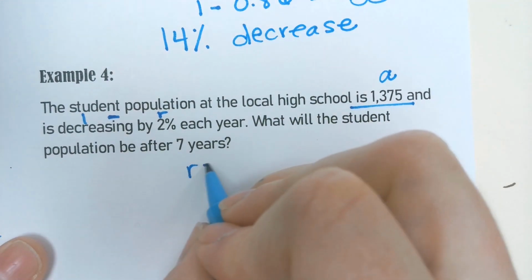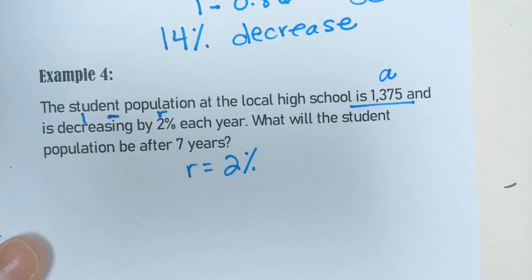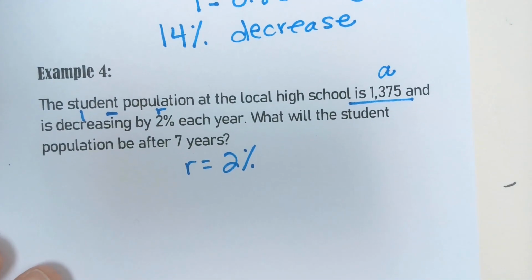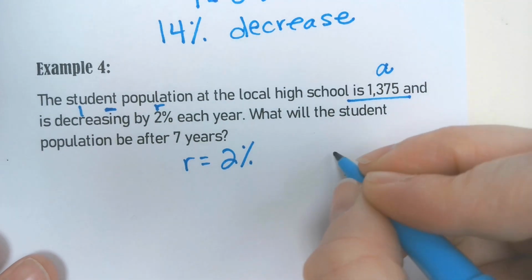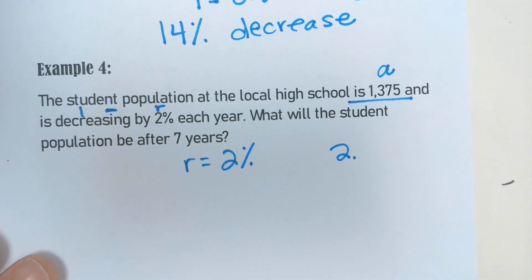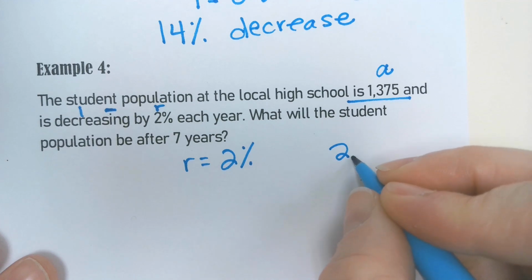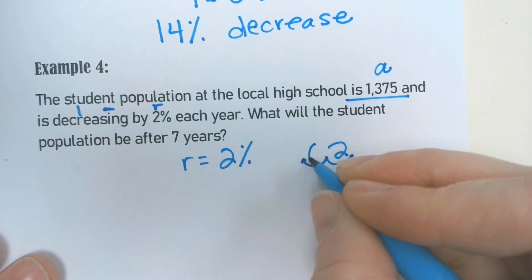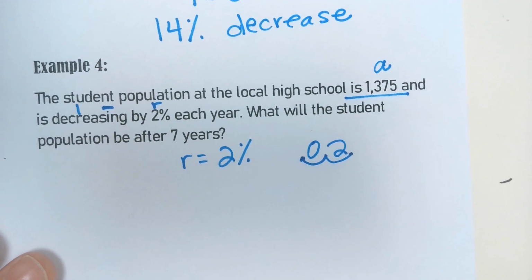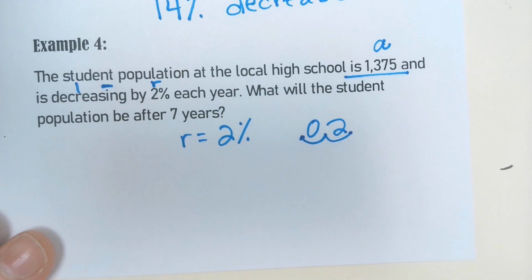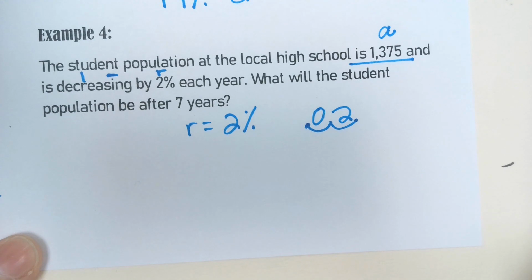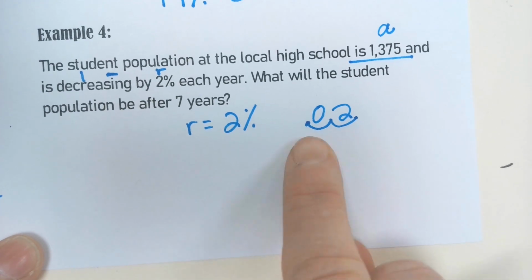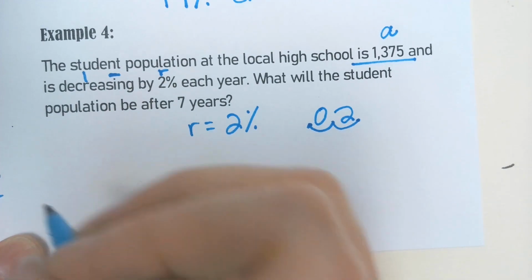So our rate is 2%, but we've got to find it as a decimal. So I write 2, put the decimal there, but then I move it over 2 places. 0.02 is how much it's going down by. Percent's gone after we move it.